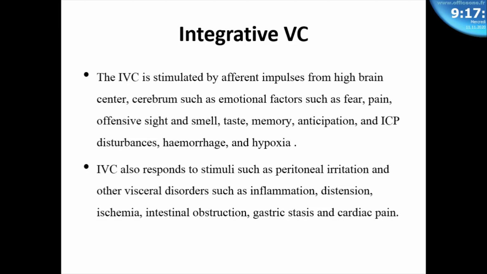There are several triggers that initiate the vomiting reflex through stimulation of the chemoreceptor trigger zone. Among those, you have metabolic abnormalities, uremia, endocrine causes, especially during pregnancy, toxins, and drugs, especially opioids and chemotherapy. Others, of course, motion sickness.